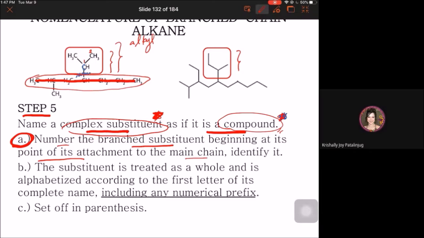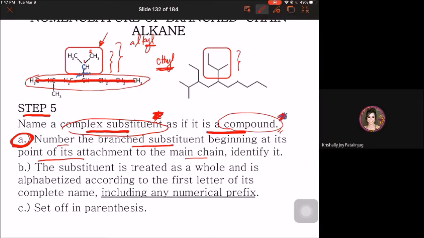Therefore, when you name the longest chain for this complex substituent, still treat it as an alkyl group, so still ending in -yl. A 2-carbon alkyl group is what? Ethyl. Okay, very good. But that is not yet just ethyl. Isn't ethyl CH2, CH3?